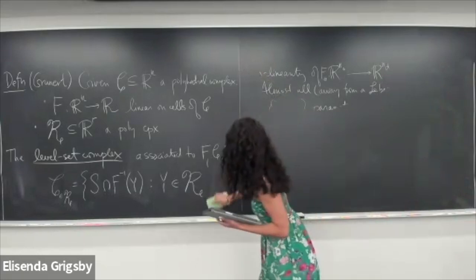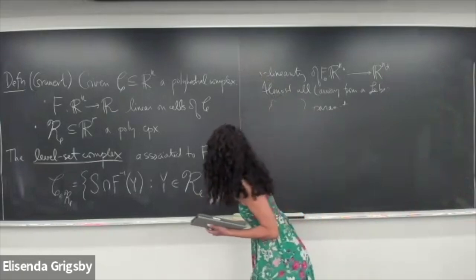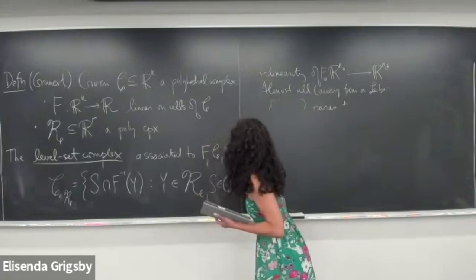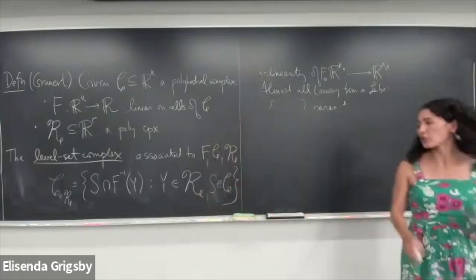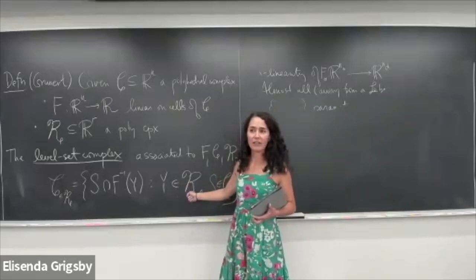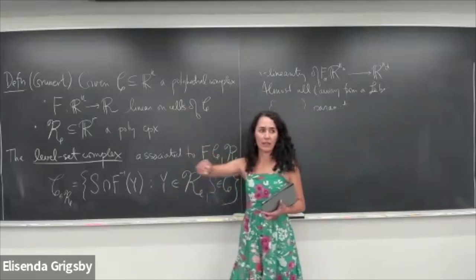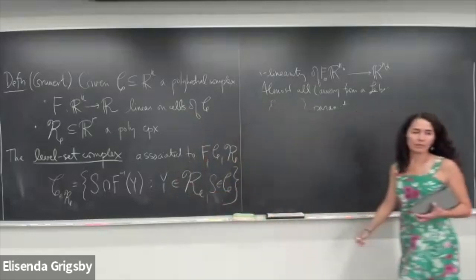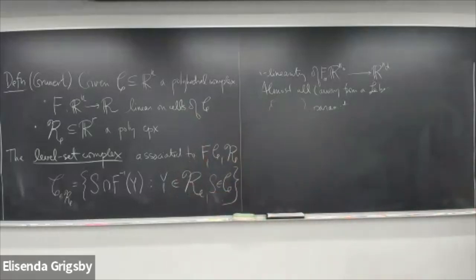Oh, sorry, yes, for all Y in R and S in C. And so for each cell in C and each cell in R, you pull back the cell in R and you intersect it with S. Okay, and it turns out that this is a polyhedral complex.